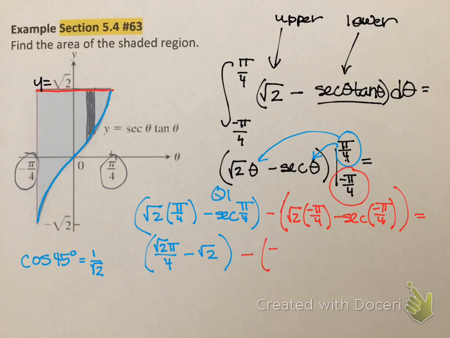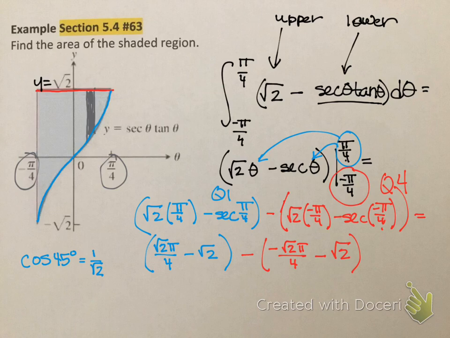Here, this is a negative square root of 2 pi over 4. Secant of negative pi over 4, this is in quadrant 4. Cosine is positive in quadrant 4, so I will still get 1 over the square root of 2, and when I take the reciprocal for secant, I will get negative square root of 2.